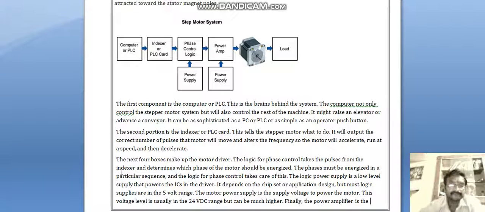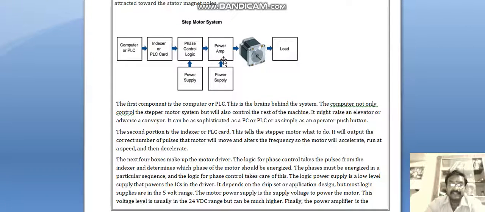The next four boxes make up the motor drive. The logic for phase control takes the pulses from the indexer and determines which phase of the motor should be energized. Normally in a motor we have four coils, and these are controlled by the phase control and power amplifier.